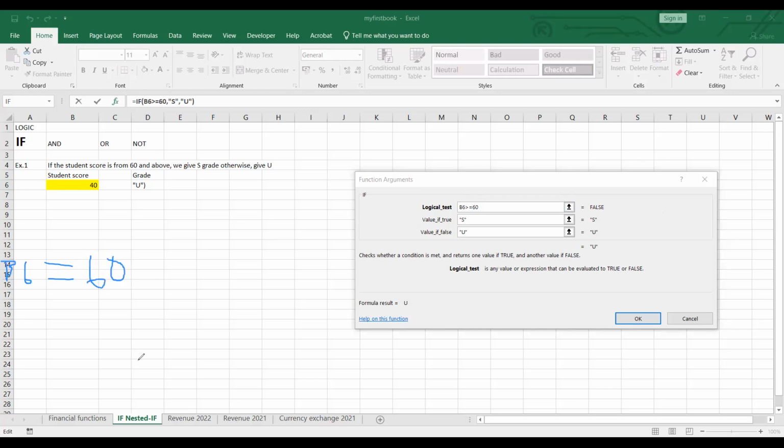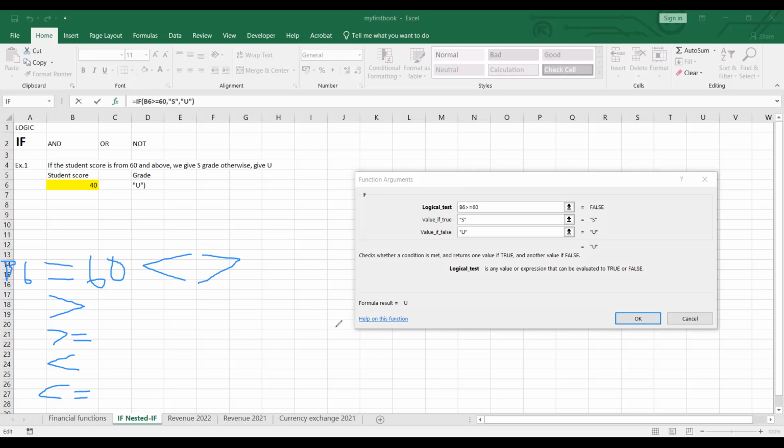Next logical operator is greater than. Next is greater than or equal to. Next is less than or equal to. And not equal to, you use this symbol, unequal to, less than and greater than together.